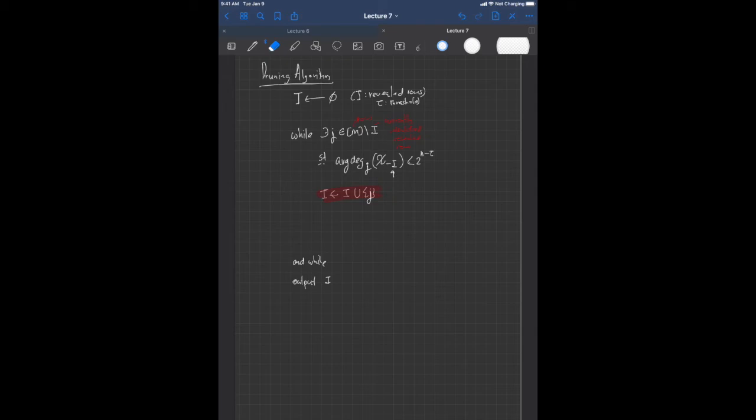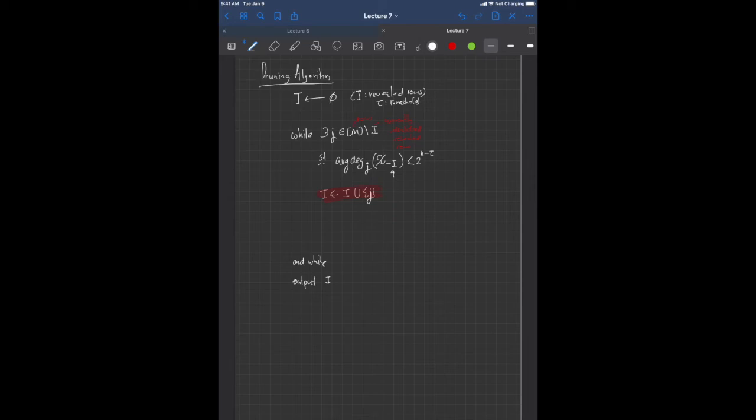So we'll add i to I union J. Whenever we find a revealed row, I hope this is still readable, please let me know otherwise, we add an i to the I, J, and then we want to make sure that for the set of matrices that we have, and we have a bunch of vectors associated with it, we set A_i equal to p_i.